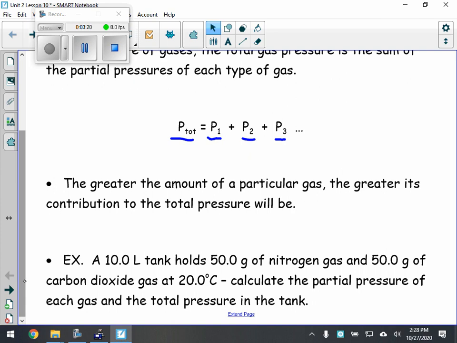What's going to happen with 2,000? You're going to have twice the number of collisions, right? If you have twice the collisions, that gives you twice the pressure, yeah? If I have 1,000 molecules, I have half the number of molecules, I should have half the pressure, correct?